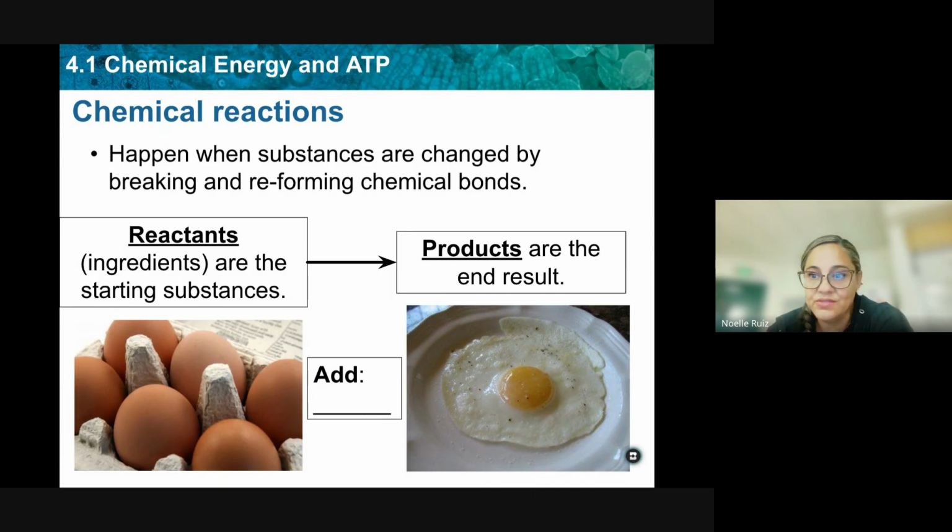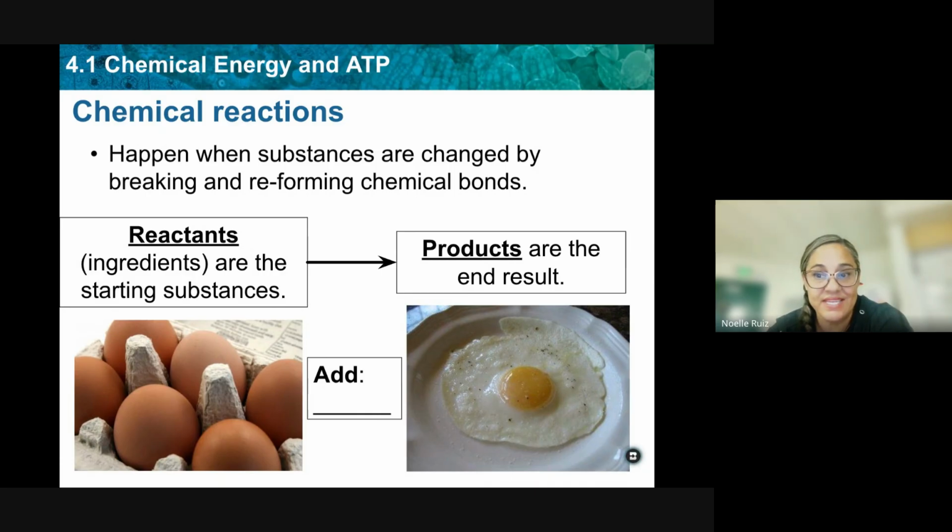So in the chemistry and biology classroom, in the science classroom, those ingredients are called reactants. Those are the starting substances of a chemical reaction. And then we always have to add something.